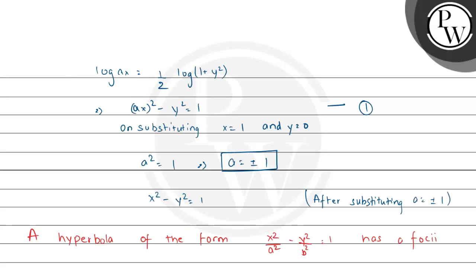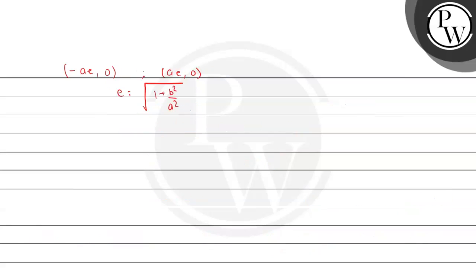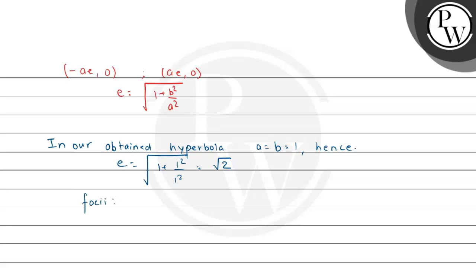And in this equation we have a equal to 1 equal to b in our obtained hyperbola. Can conclude that the eccentricity e would be evaluated as under root of 1 plus 1 square upon 1 square, which is under root of 2, and the foci would be minus under root 2 comma 0 and under root 2 comma 0, since a was 1.